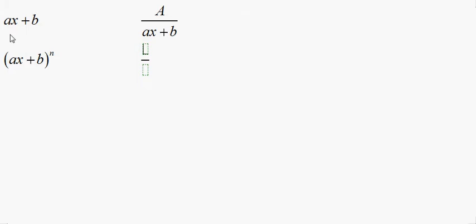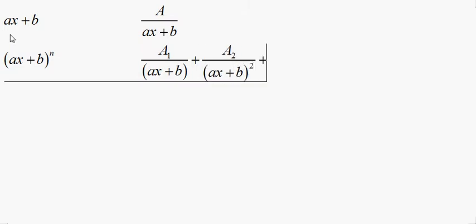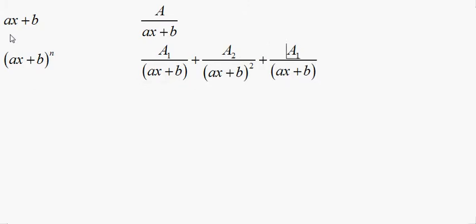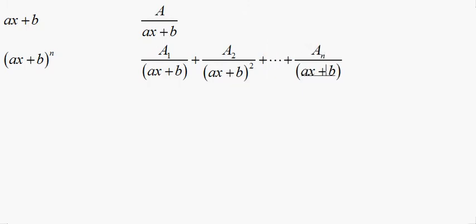For this, it would be a1 over ax plus b, and then plus a2 over ax plus b squared, plus etc, etc, all the way up to an over ax plus b to the n.